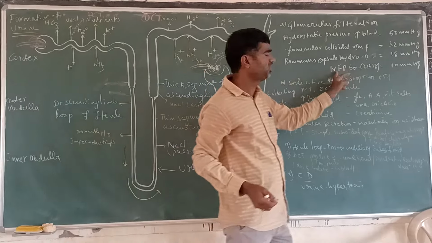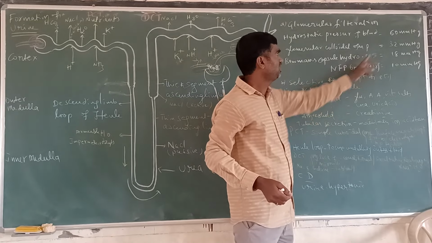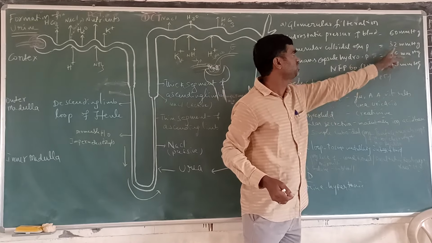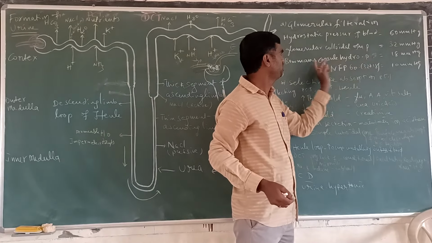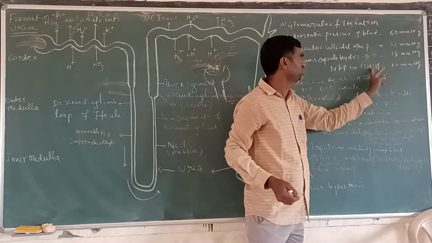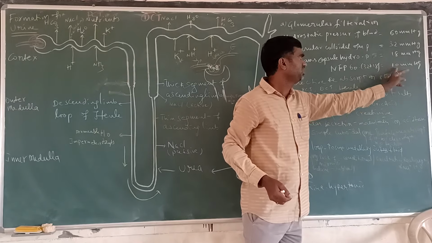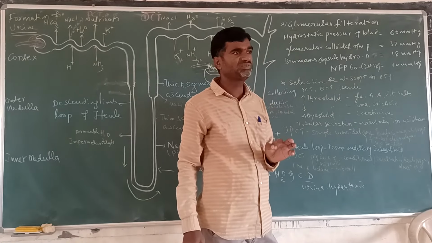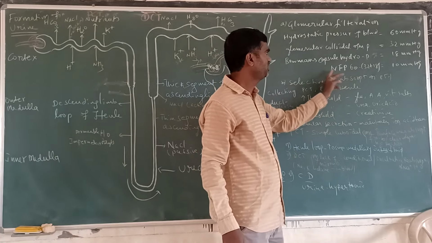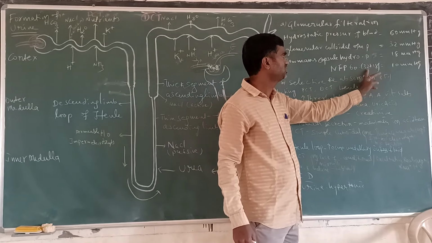So net filtration pressure is 60 minus 32 plus 18, which totals 10 mm Hg. NFP, net filtration pressure, is 10 mm Hg.